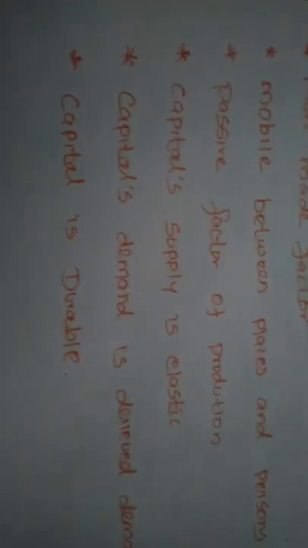Next, capital is durable. Capital will always exist; it is not perishable. So capital is always a durable commodity. Here we have to note one thing: capital may be tangible or intangible.